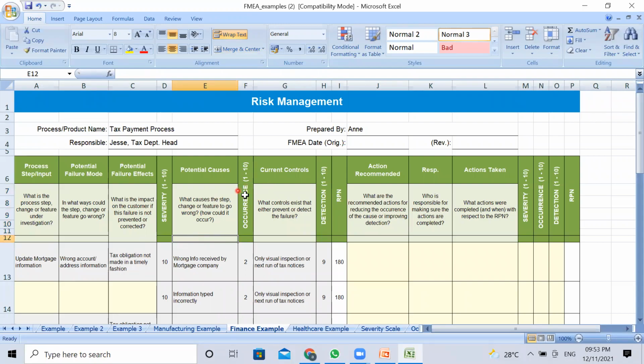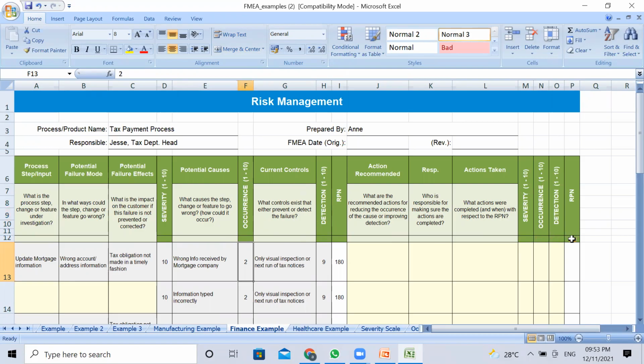Then for each of the causes, you try to identify what the current controls are. For each of the causes, you give the occurrence rating. Then for each of the causes, again, you give the detection rating. Then calculate the RPN for each of the causes. Then what are the recommended actions? Who is responsible? What are the actions taken? And after the action taken has been proven, recalculate the RPN.